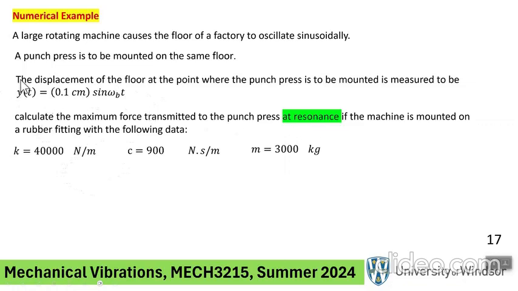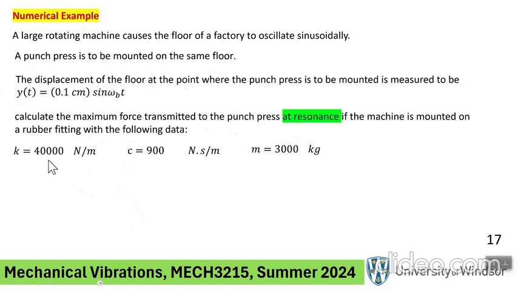I want to find the force transmitted, big Ft, to this punch press at r equal to 1, at resonance, which means when the omega b of the gigantic rotating machine matches the natural frequency of the punch press, assuming that these are all single degree of freedom systems.